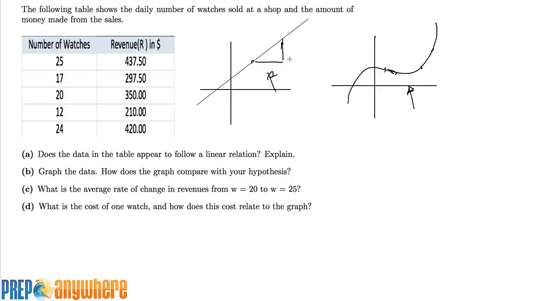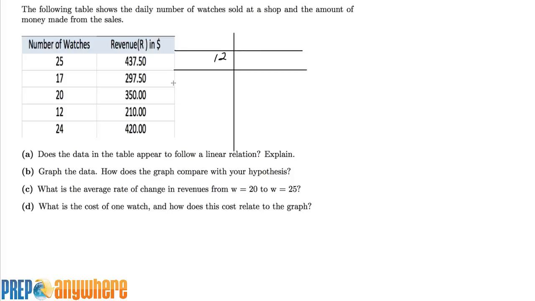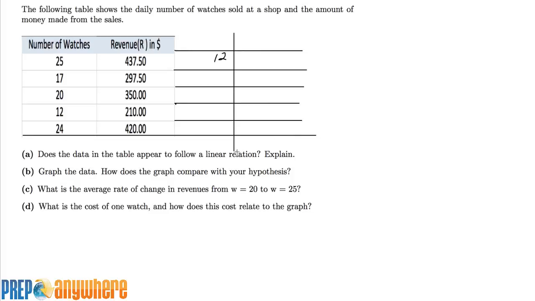This is. Now, to determine if it's a linear relationship or not, the first thing we need to do is to list this from least to greatest. Okay, so let's put 12 first up here. Let me just extend the table here. So 12, 210.